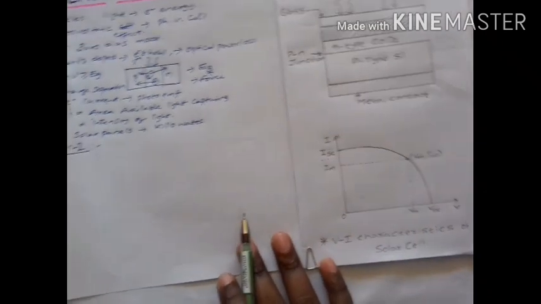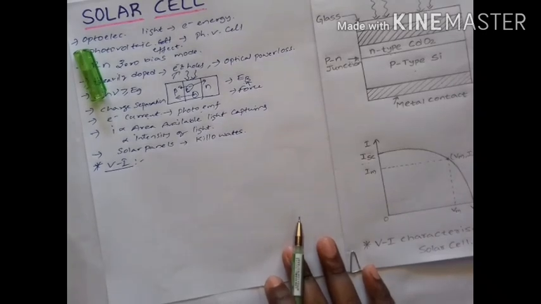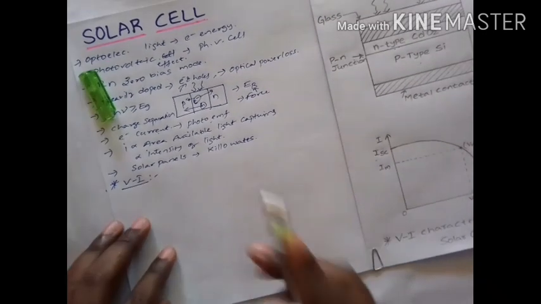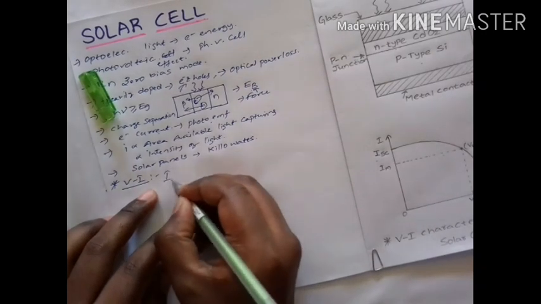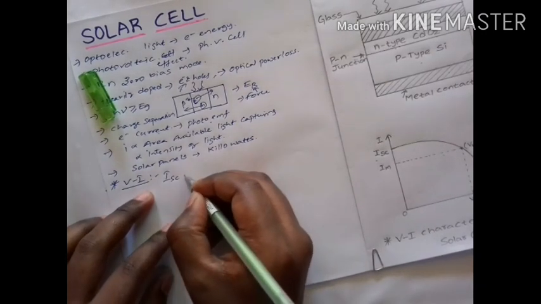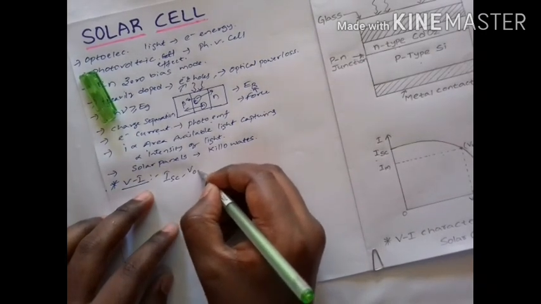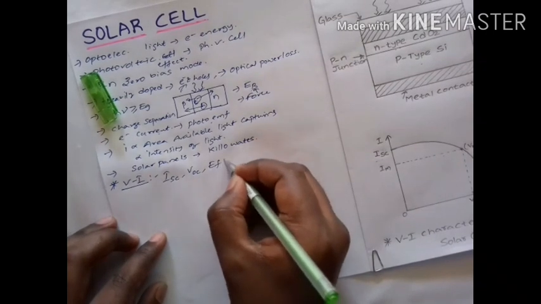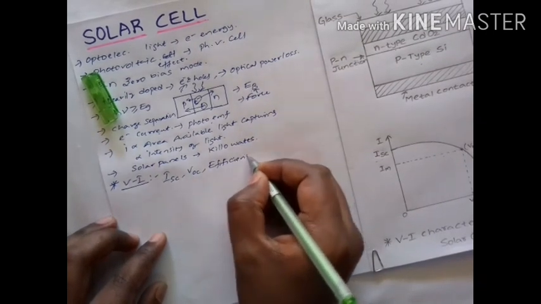From the VI characteristics of solar cell, we can determine a few parameters like ISC, which is nothing but short circuit current, VOC, which is open circuit voltage, and efficiency of the solar cell.